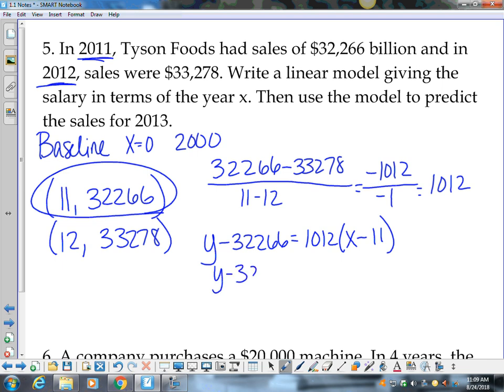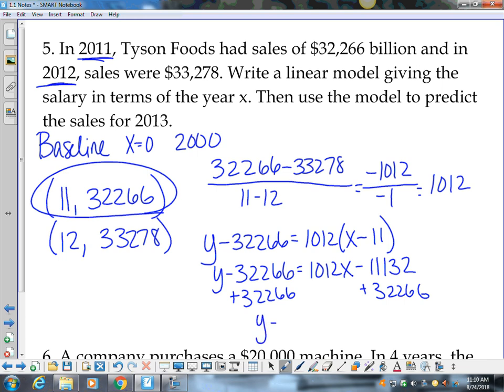And then I clean. And then I add. And I get, so that's my equation. Okay, so I've done that.